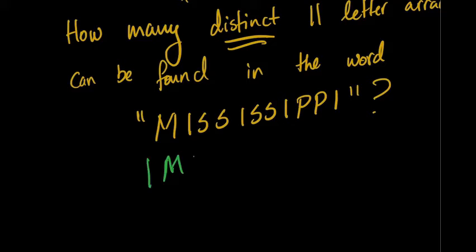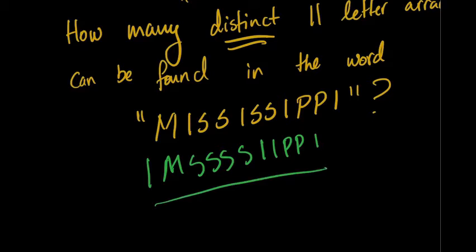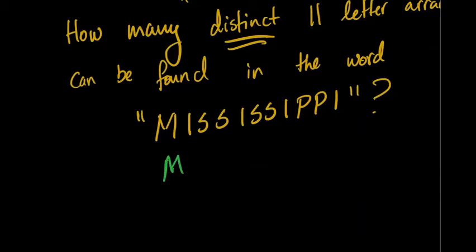M, I, S, S, S, S, I, P, P, I would work as an example of a different rearrangement of this word. Even though this is not a real word itself, this still works as a rearrangement of the letters, as long as you're using all 11 letters.